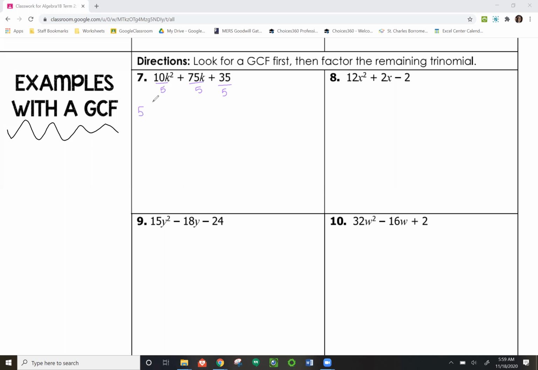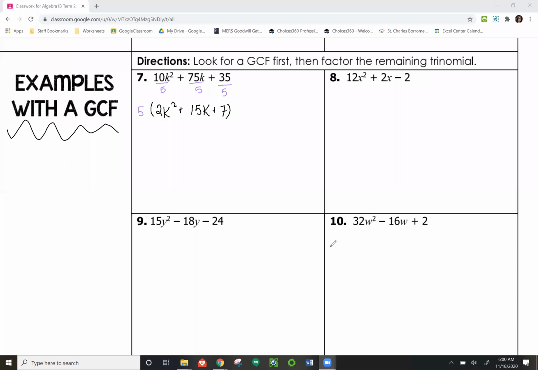And what will I have left in my expression after I factor out that 5? Well, 10 divided by 5 is 2k squared, plus 75 divided by 5 gives me 15k, plus 35 divided by 5 gives me 7.